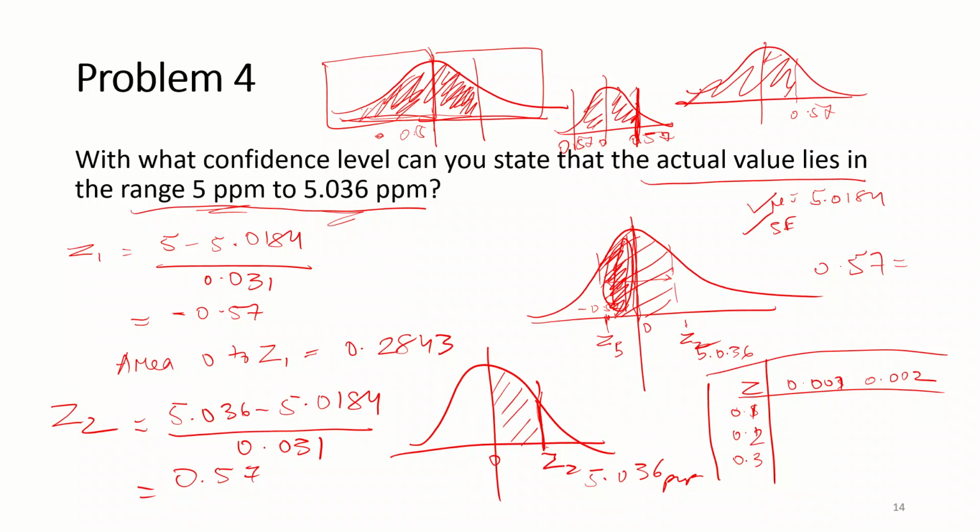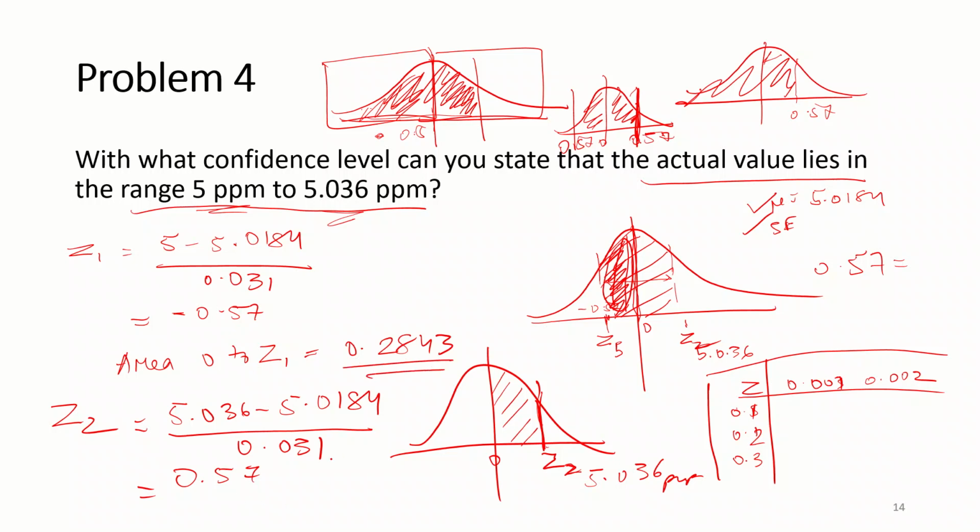So what to do? Just look it up. Essentially it's kind of double of it. So this is also 0.57 and that is also 0.57.